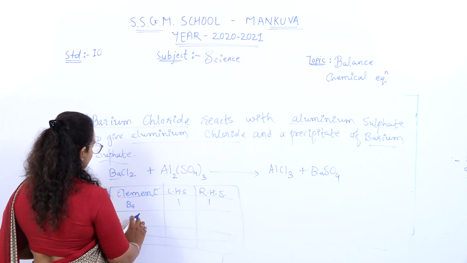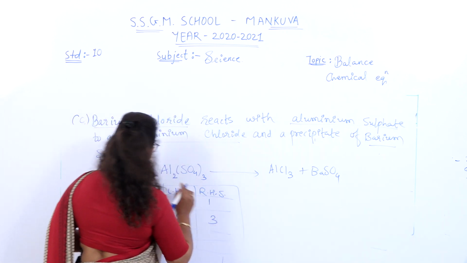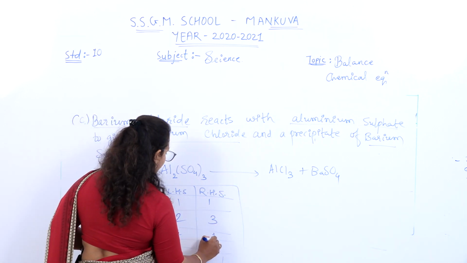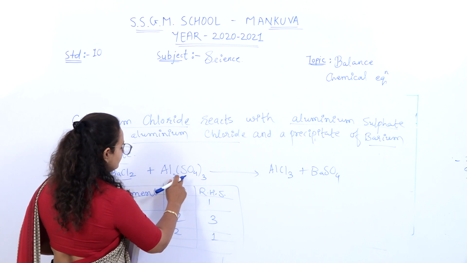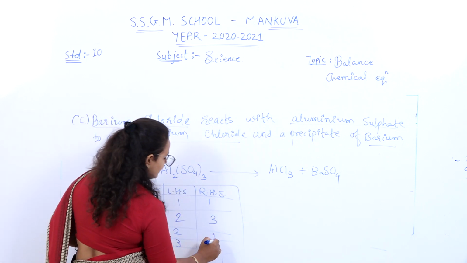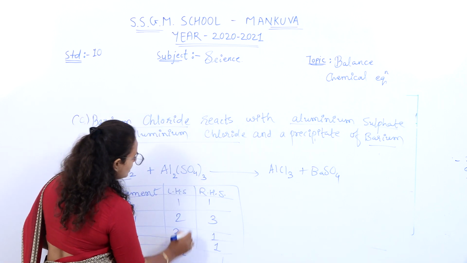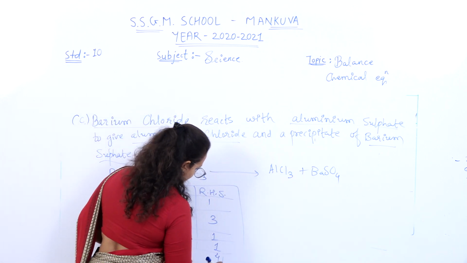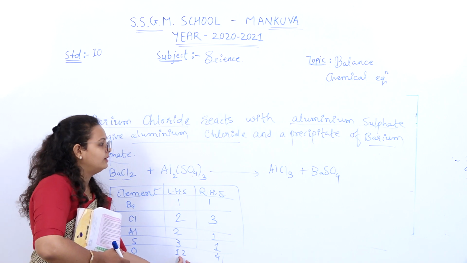Left hand side chlorine 2, right hand side 3. Left hand side aluminium 2, right hand side aluminium 1. Left hand side sulfur 3, right hand side 1. Oxygen 12, 4 threes are 12, and right hand side 4. So you can see the difference between this 12 and 4.